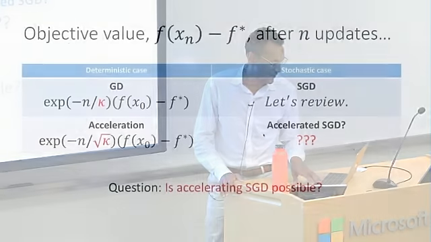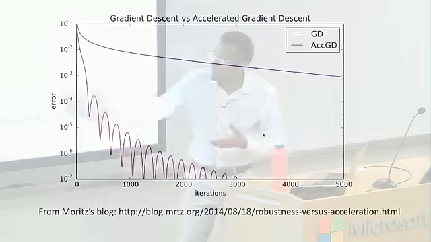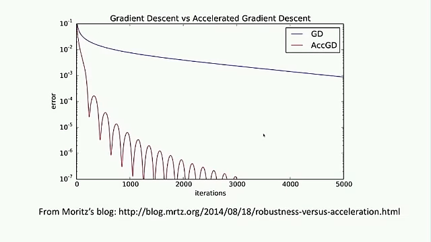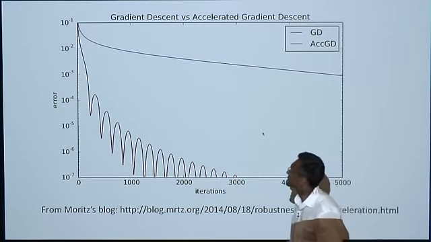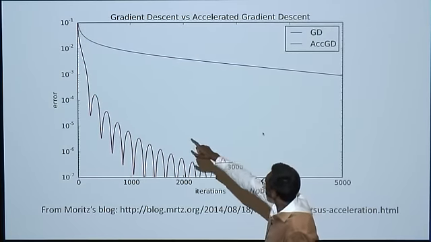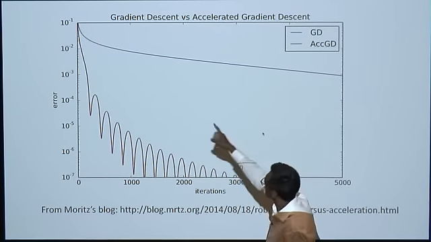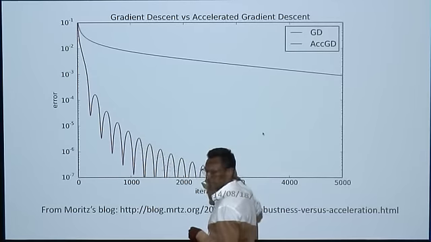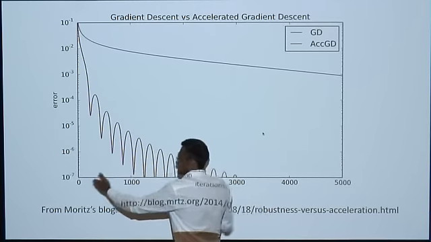Okay, and that leads to, even when you run one of these methods, the pictures seem kind of crazy. Okay, so this is the deterministic simulation. I just got this off someone's blog. The blue line is the performance of gradient descent. This red curve is the accelerated method. So this is iteration.